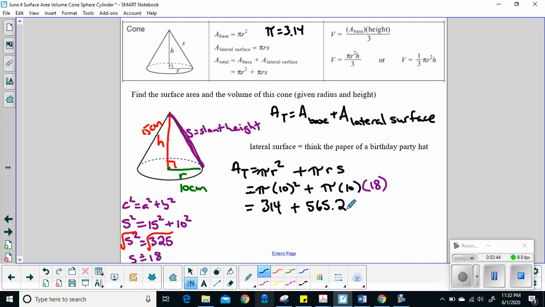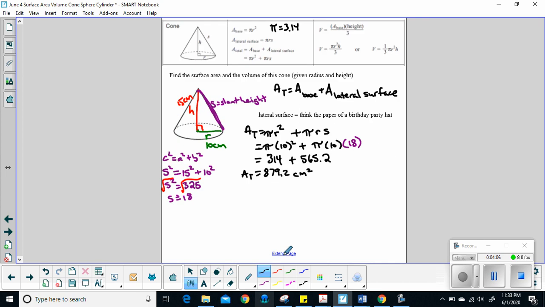Add those all up, and we get a total of 879.2 centimeters squared. Squared belongs with area. Remember, also, squared is an exponent, it's up top. Labels are subscripts, they're down below. All right, let's figure out volume now.